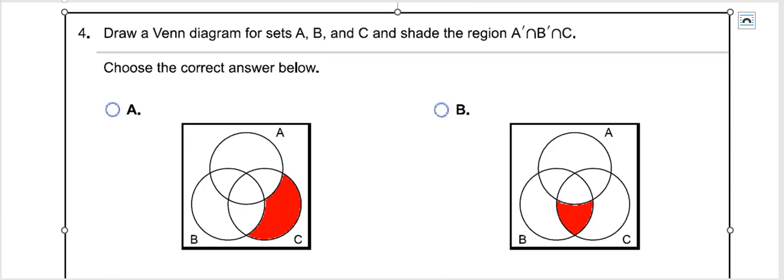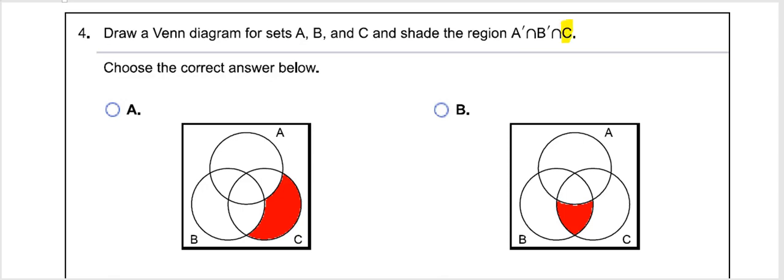Number 4, draw a Venn diagram for sets A, B, and C, and then shade the region not A and not B and C. Okay, so what does that mean? It can't be in A, and it can't be in B, and it has to be in C. So I'm going to kind of work backwards.